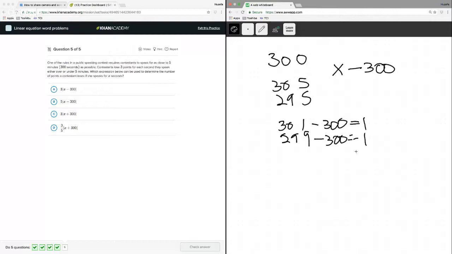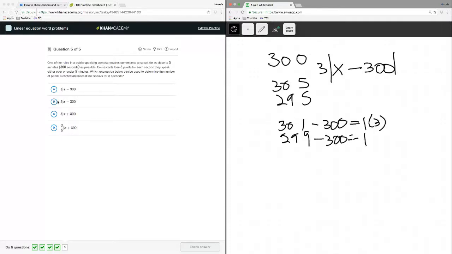So we don't want one to be negative and one to be positive. This is where the absolute value comes in. It's the absolute value of X minus 300, and no matter what, every time we're losing 3 points. So we're then multiplying it by 3. Again, they're throwing this 5 minutes number in here, almost to confuse you.